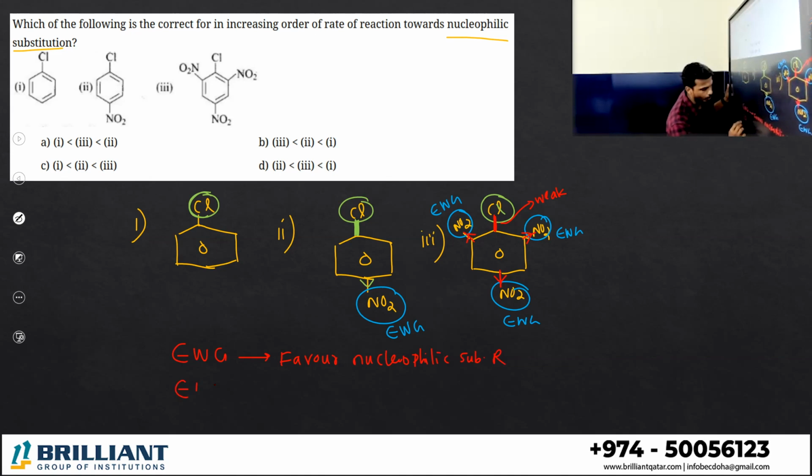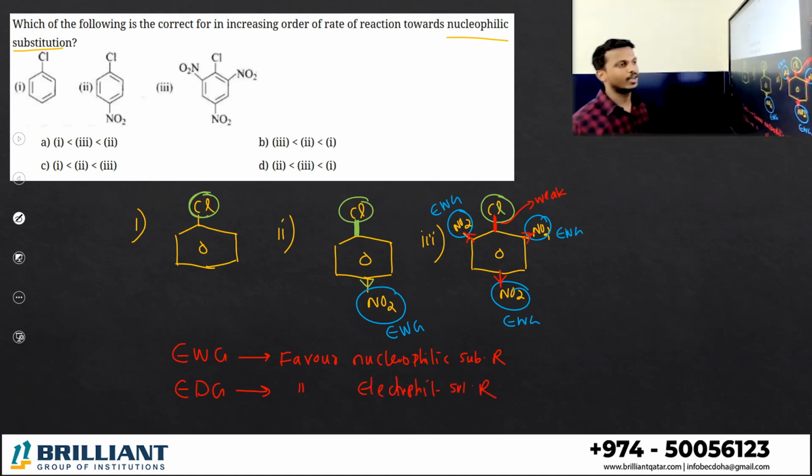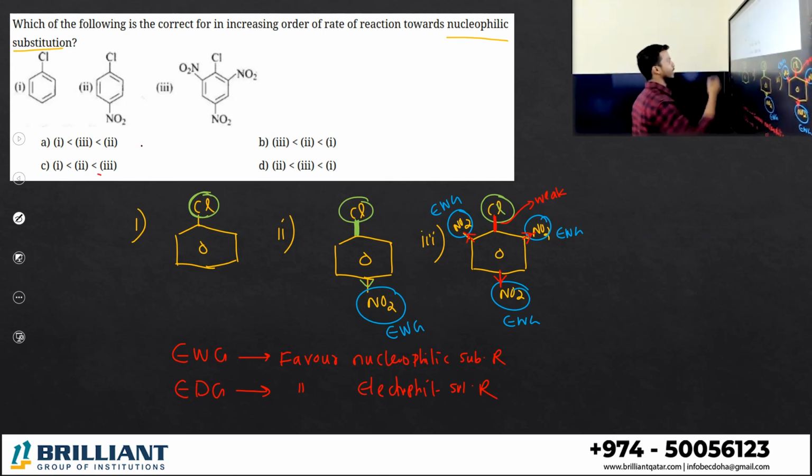Same way, if an electron donating group is present, it will favor electrophilic substitution reaction. So the third compound contains many electron withdrawing groups, so you can easily remove chlorine and substitute one nucleophile. So 3, 2, 1 is the correct answer, that is option C.